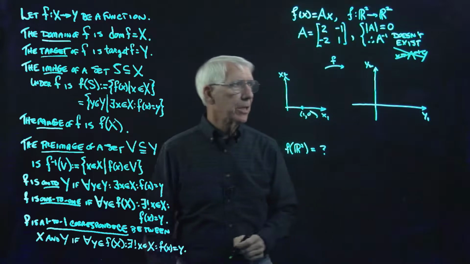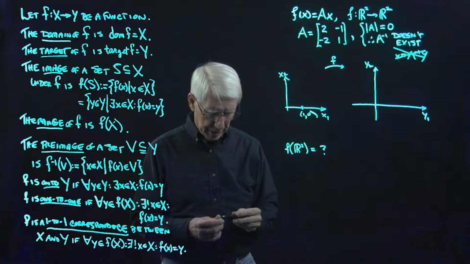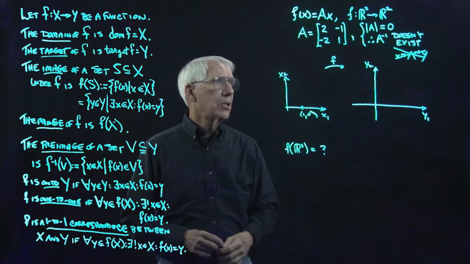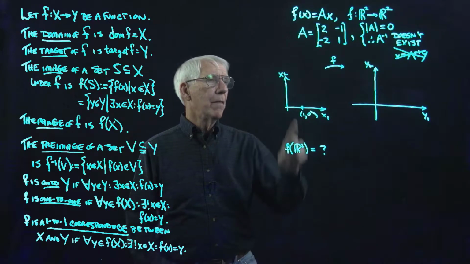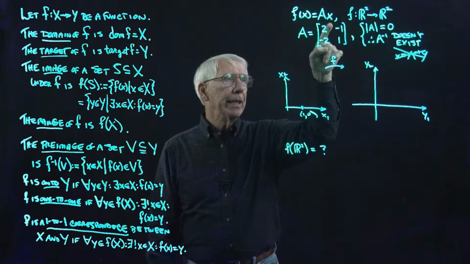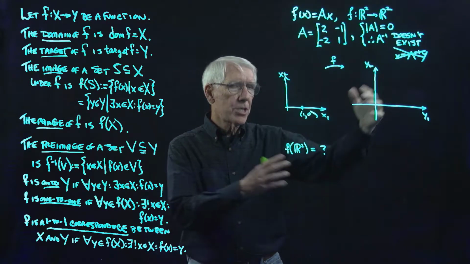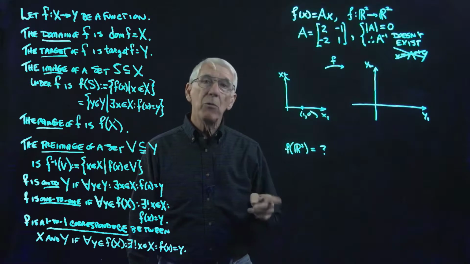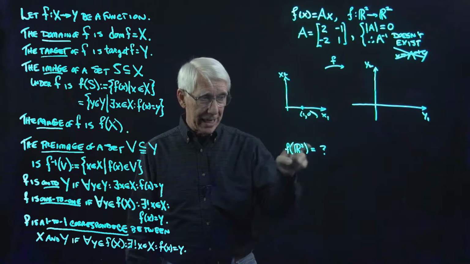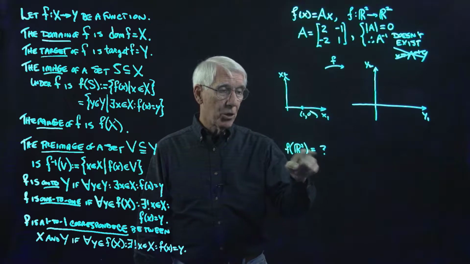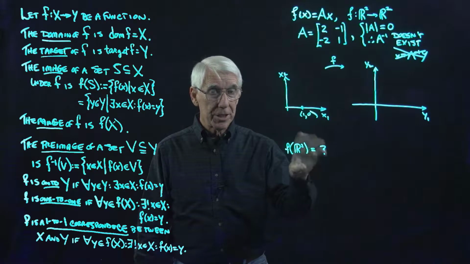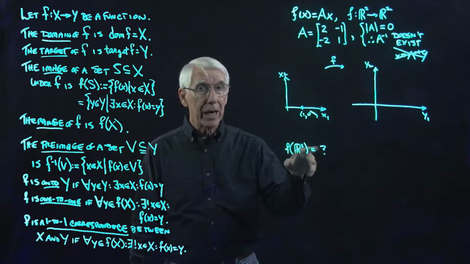Can't do it because there is no inverse matrix. So that's not going to work. So that tells me right off that the function is not onto all of R2. It's going to be mapping to some subset of R2, and we want to figure out what subset. I've answered the question that it's not all of R2, it's some proper subset, but we need to figure out what subset.